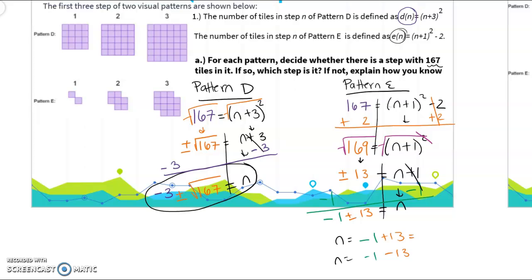So 13 minus 1 is going to give me 12, and this is going to give me negative 14. Realistically, both are correct answers, but I can't have negative 14 patterns, so I'm going to have a 12th pattern. So the 12th pattern in this sequence will give me that 167, or negative 14, but negative patterns aren't that great.